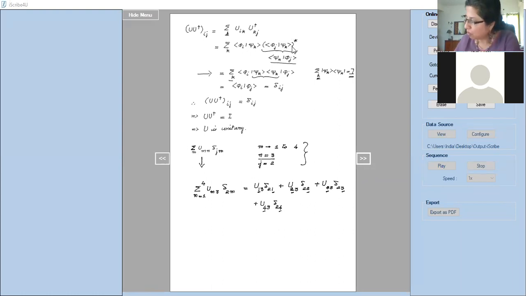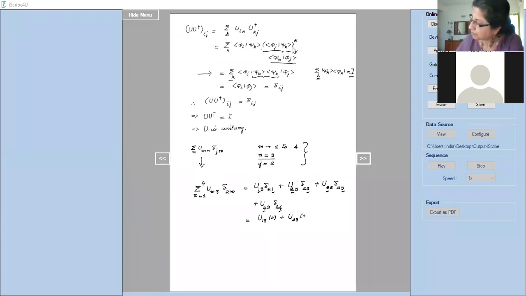Now, what is delta 2, 1, please? Delta 2, 1 is 0, so U1, 3 will be multiplied by 0, right? Plus U2, 3, what is delta 2, 2? 1.